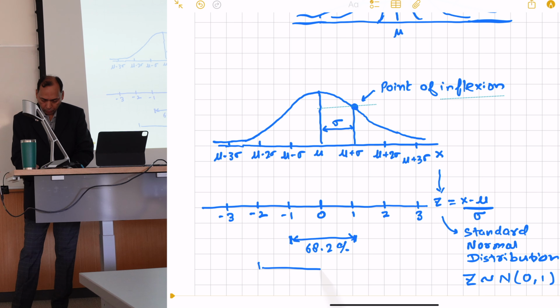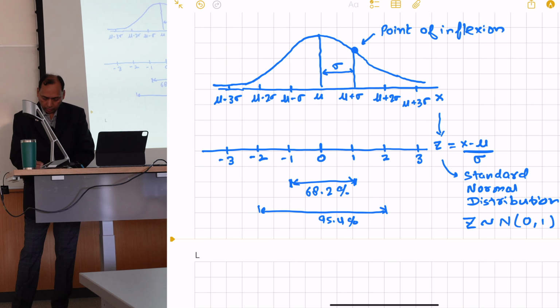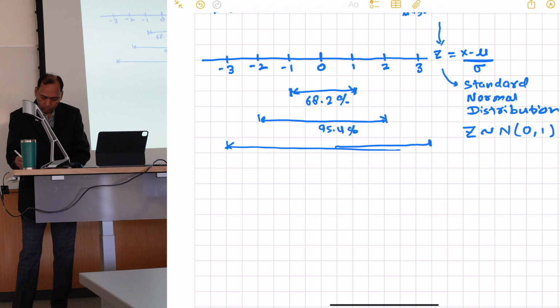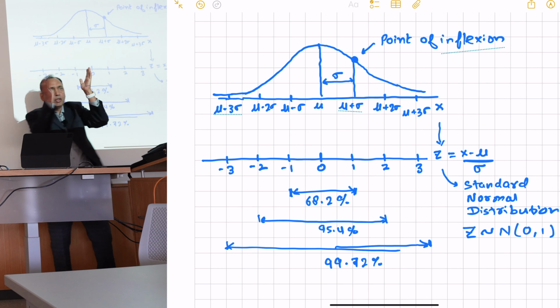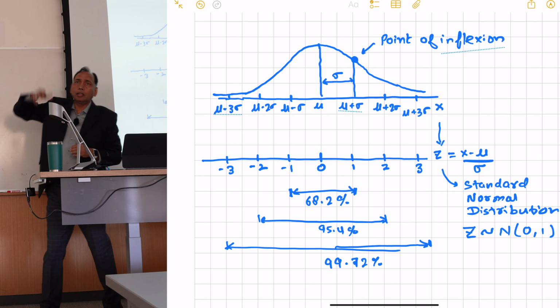If you go one step further, plus or minus 2 standard deviations will be 95.44%. And if you go plus or minus 3 standard deviations, this distance is 99.72%. So from here to here, almost everything is under the curve.